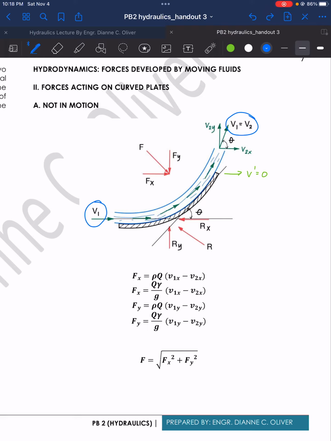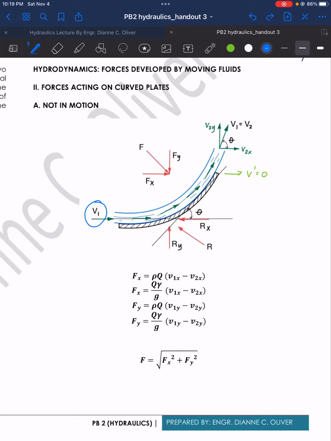Now, for the components of the force, Fx and Fy, we have the following formulas. For Fx, the x component of force, we have the density of the fluid multiplied with the Q, or the discharge of the fluid, and then multiplied with the x component of the initial velocity minus the x component of the final velocity.